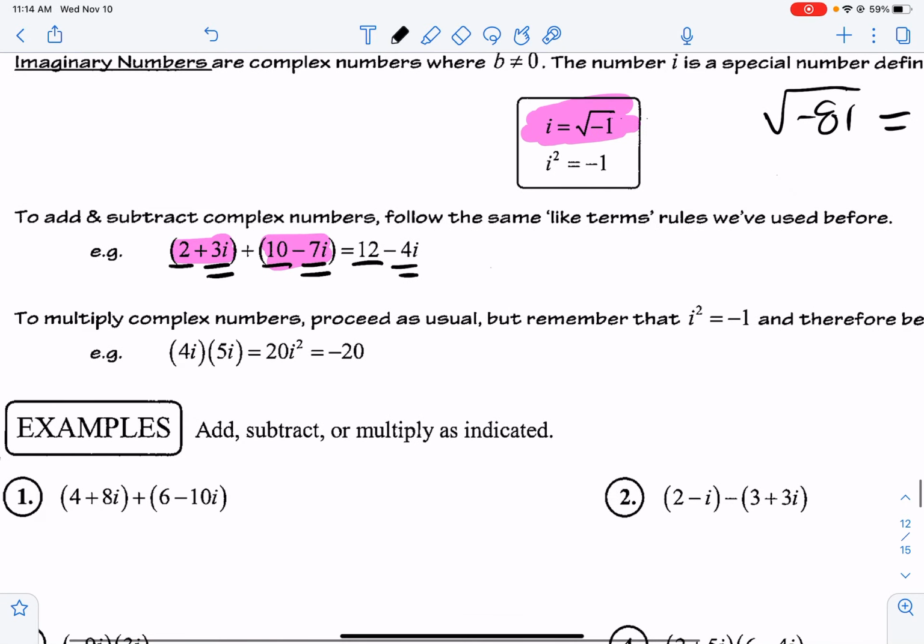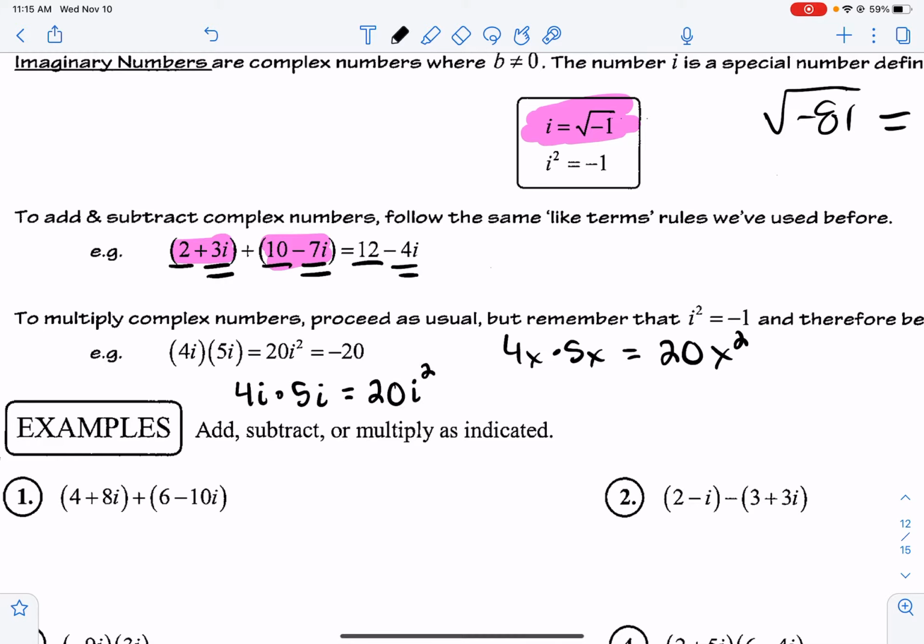When you multiply them together, a little bit more interesting stuff happens. So if I were to have like 4x multiplied by 5x, you would tell me 4 times 5 is 20, x times x is x squared, which is true. When I take 4i and I multiply that by 5i, I get the same answer. 4 times 5 is 20, i times i is i squared. But something interesting happens because we don't know what x is.